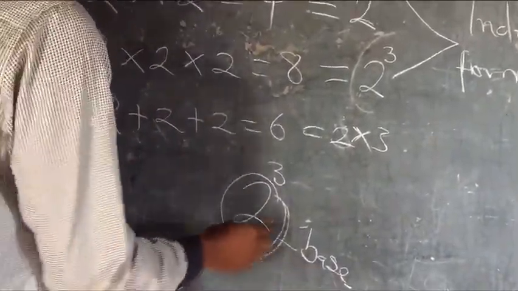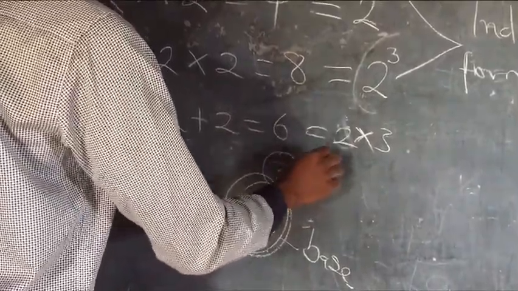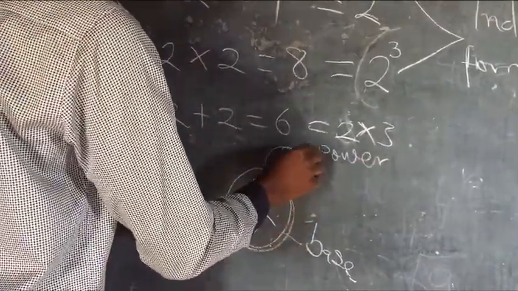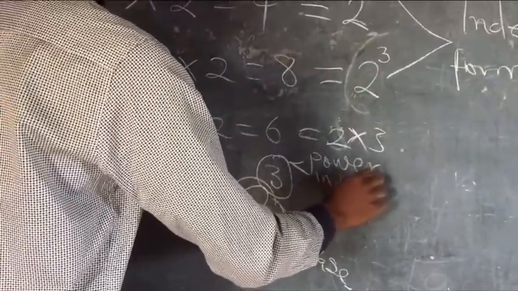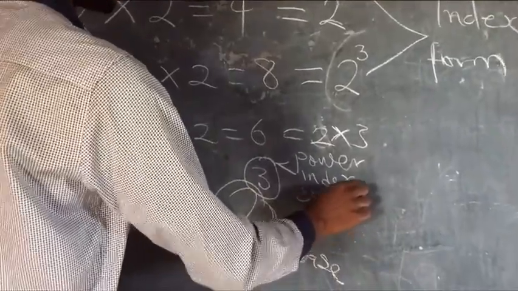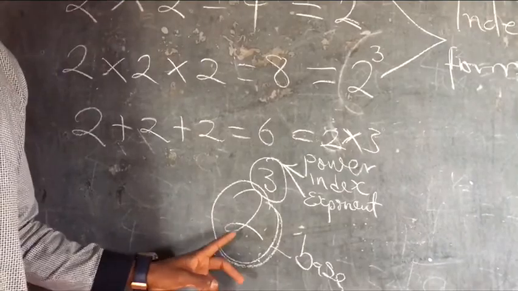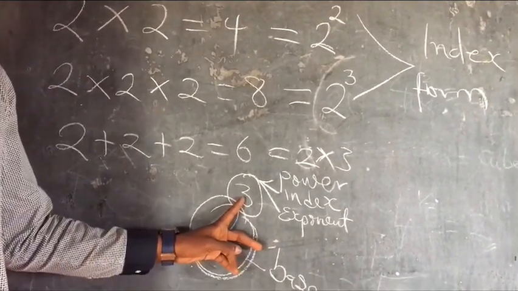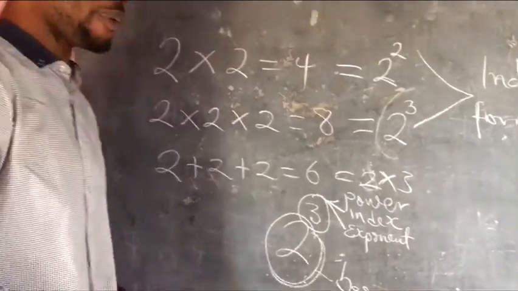And this power, as we said before, we call the index of the number, or the exponent of the number. So when you express a number in index form, you get a base, and you get an exponent, or index, or power.